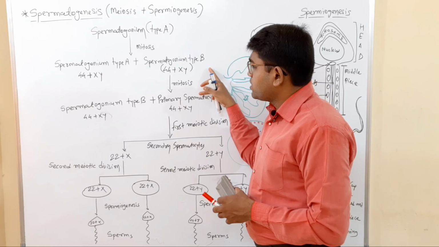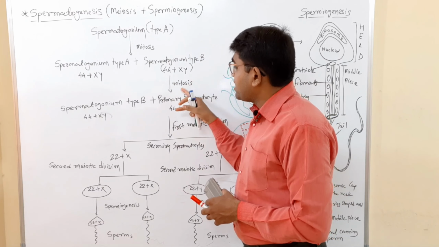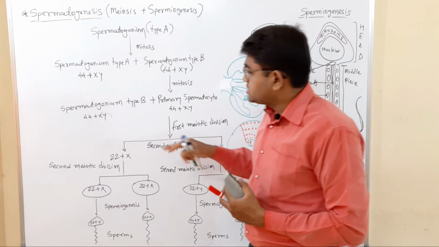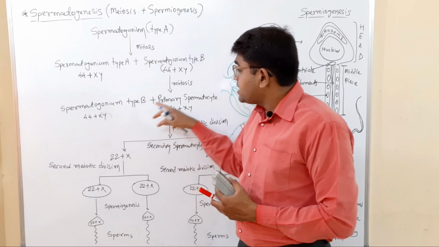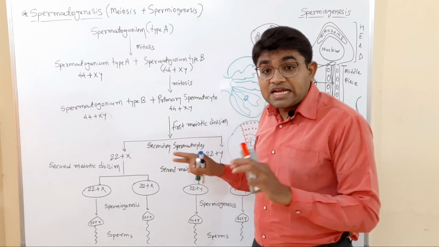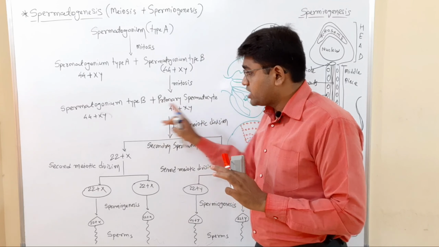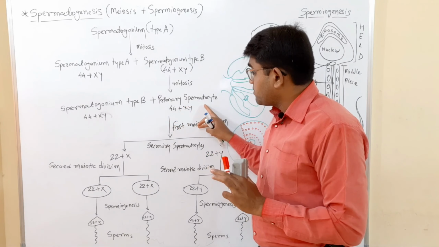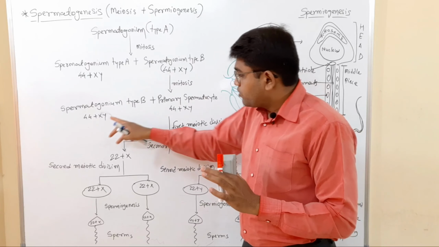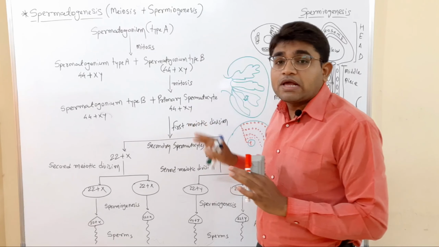Then spermatogonium type B divides by normal division, the mitosis process, and forms two cells: the spermatogonium type B and the primary spermatocyte. Here also there isn't any difference between these two cells; structurally they are the same, 44 plus XY, 44 plus XY.